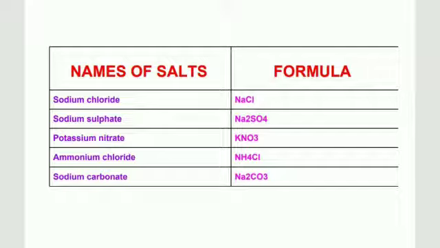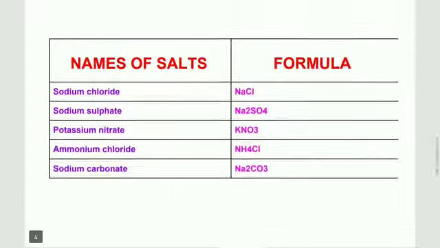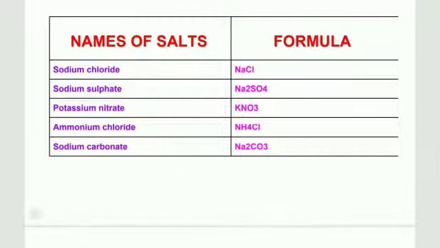Sodium carbonate, Na2CO3, means there is another acid, that is carbonic acid. We have not studied it, but here it comes, and this salt is made from carbonic acid. So Na2CO3. Okay. Now you know how these salts are formed by the reaction of acid plus base.